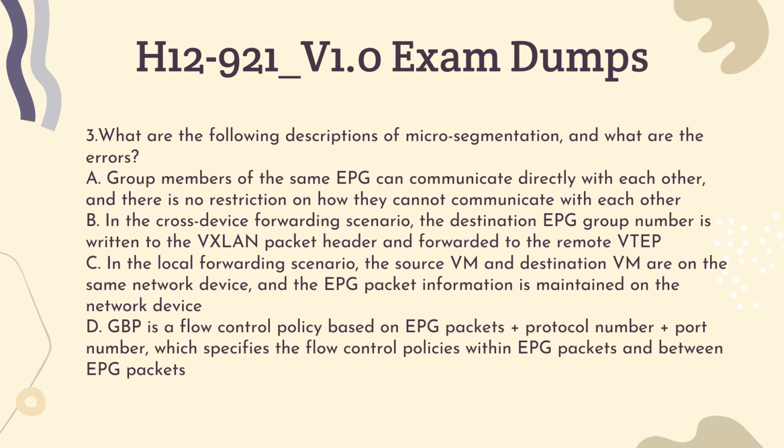C. In the local forwarding scenario, the source VM and destination VM are on the same network device, and the EPG packet information is maintained on the network device. D. GBP is a flow control policy based on EPG packets plus protocol number plus port number, which specifies the flow control policies within EPG packets and between EPG packets.